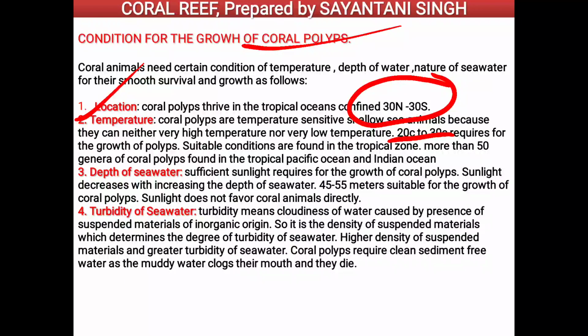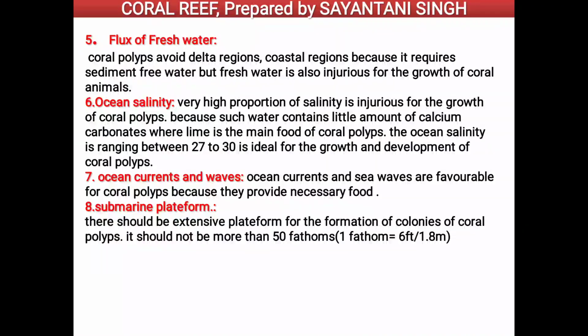The density of suspended material determines the degree of turbidity of seawater, and there is a positive relationship between high density and turbidity. If the density is very high, then the turbidity of water would be greater, and vice versa. Coral polyps require clean, sediment-free water, that's why they cannot live in turbid water, and turbidity of water does not favor the growth of coral polyps.